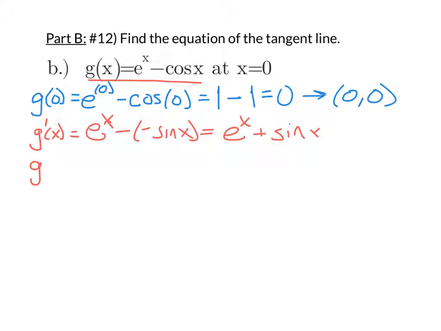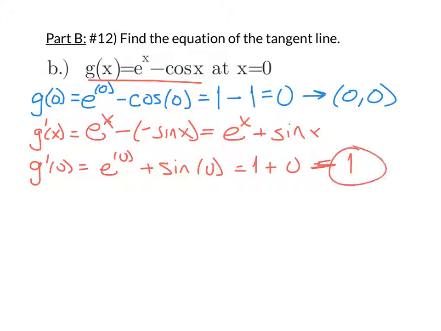Now, to find the slope when x is 0, I'm just going to take 0 and plug it into my derivative function, e to the 0 plus sine of 0. Anything to the 0 is 1, and the sine of 0 is 0. That means I'm talking about a slope of 1.